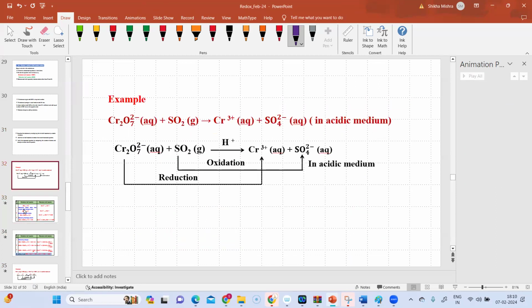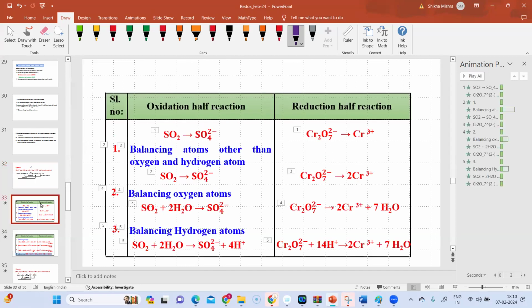If you look at this carefully, you will understand that the dichromate ion, Cr2O7 2-, is being converted into chromium, right? And then the second one, SO2 gas, is converted into SO4 2-. One by one, we will see what is happening.